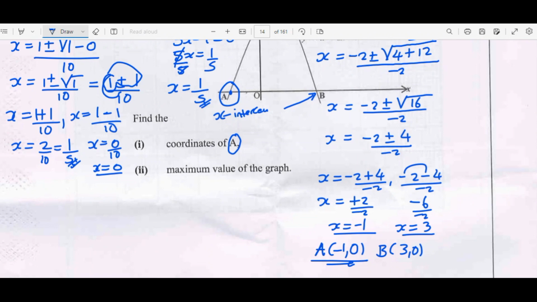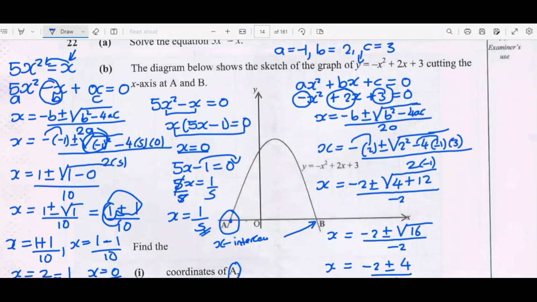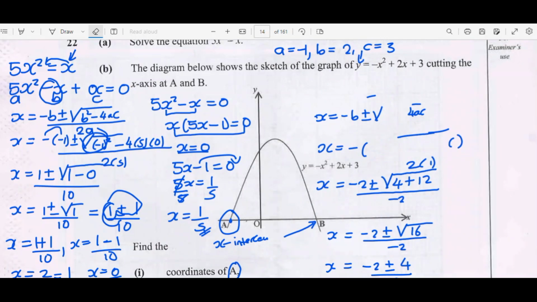Now let's say maybe there is one that would like to use the factorization method. So how do we factorize a quadratic equation? First we are going to find the product, the sum, then the factors.